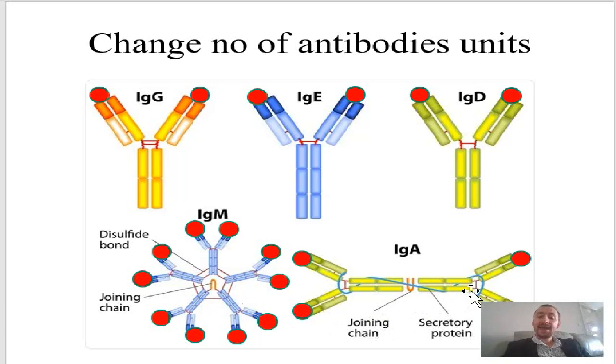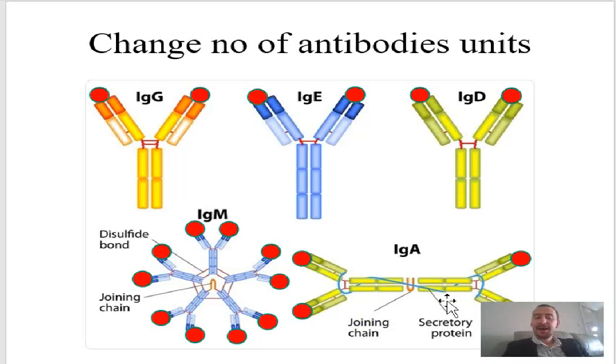And IgA is generally released at the gut barrier, or the mucosal barrier of the respiratory tract as well, as a dimer, again with a joining chain combining them together.